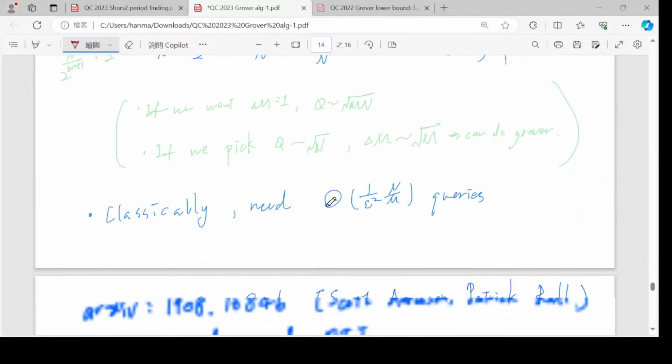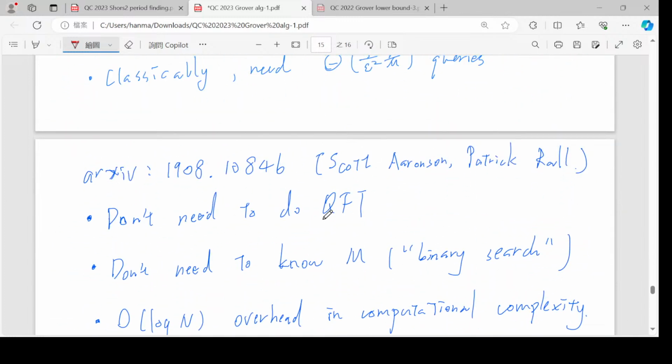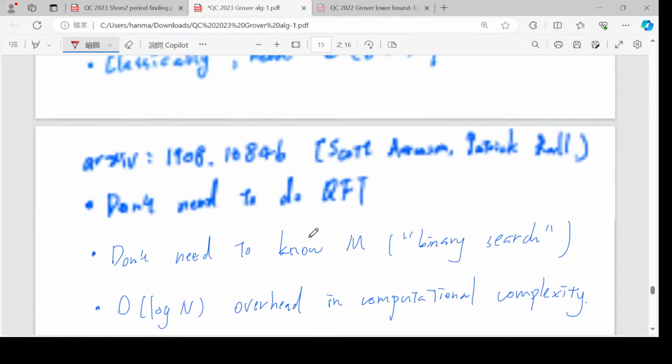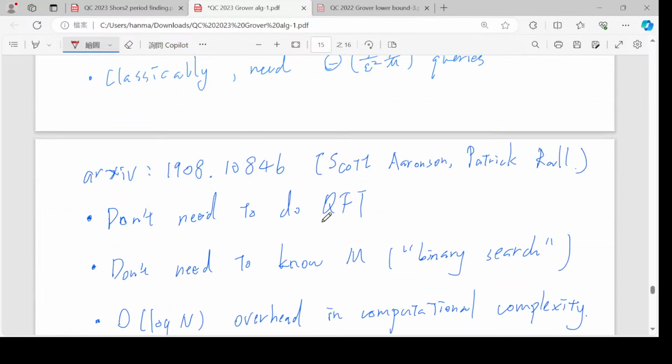And that's indeed possible, and that's what this recent paper does. We do quantum counting without doing quantum Fourier transform, and we don't need to know m beforehand to get a constant error. But there is a little overhead in computational complexity. It's order log n. Okay. So that's about quantum counting.